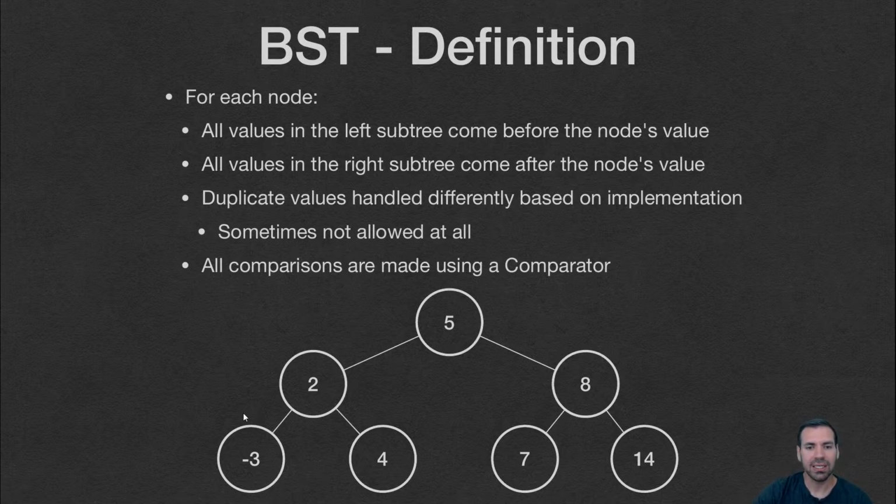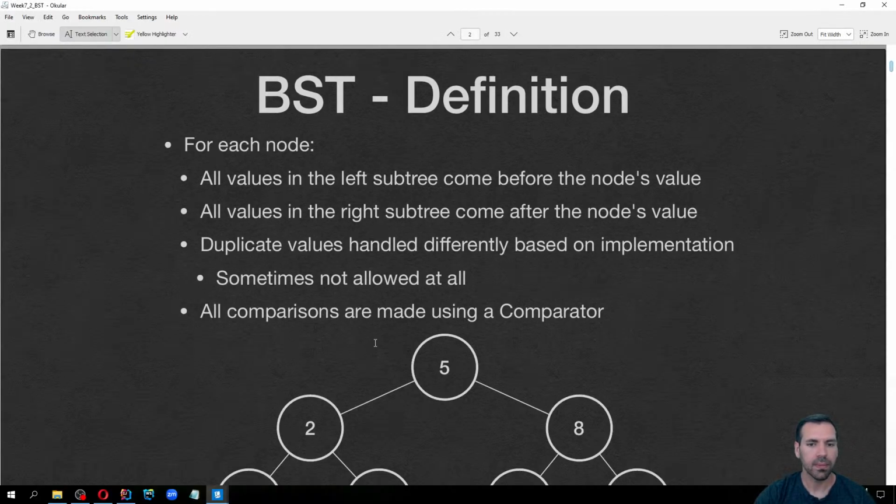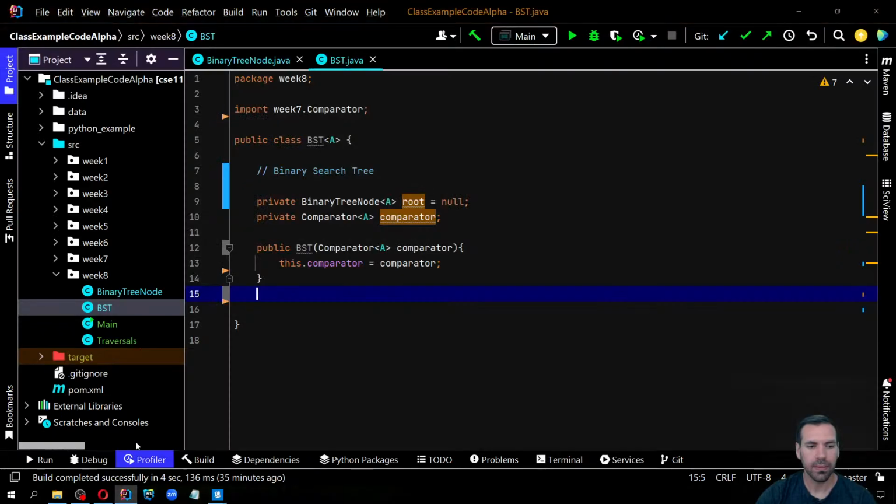So this is a binary search tree because the property holds for every single node in the tree. It's going to be a generic comparator, but again, I'm going to say less than and greater than often.